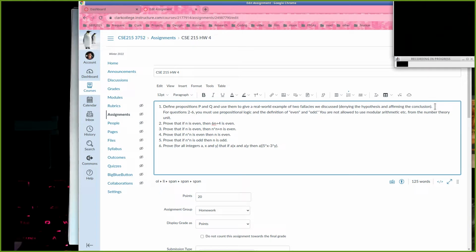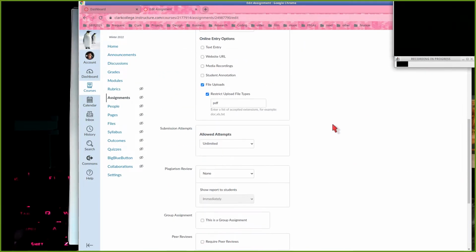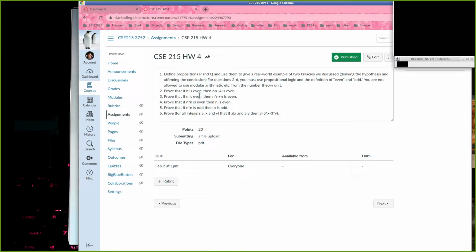That's not the goal here. Okay, you got to use the propositional logic topics that we've been working with to do these questions. So question 2, if n's even, prove that 6n + 4 is even.